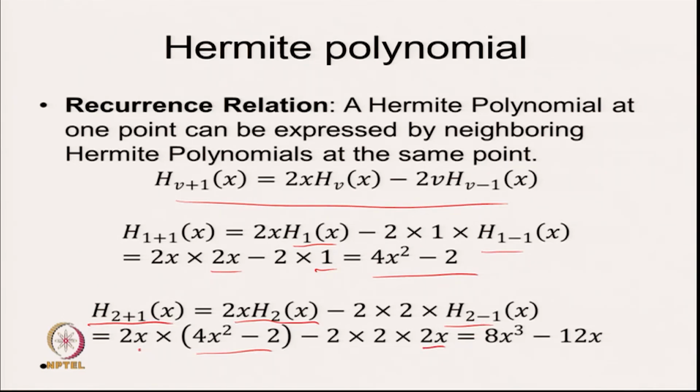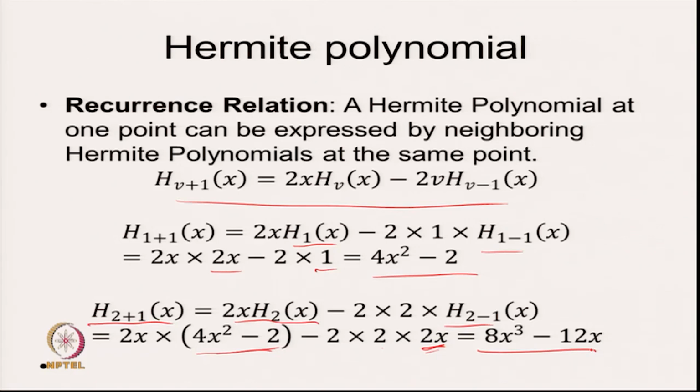So, we simply multiply 2x into the Hermite polynomial for level 2 minus 2v into the Hermite polynomial for level 1, and when we do that we get the Hermite polynomial for level 3, which is equal to 8x cube minus 12x.